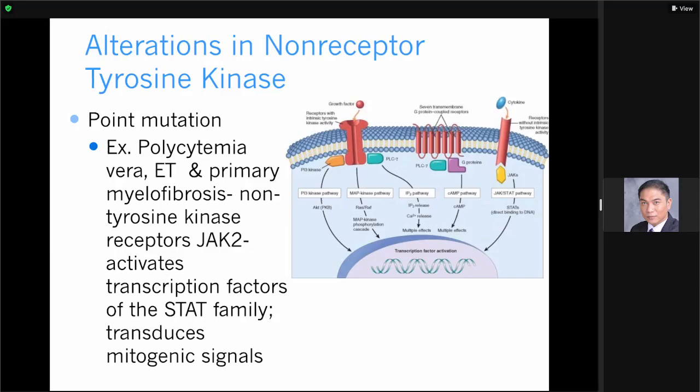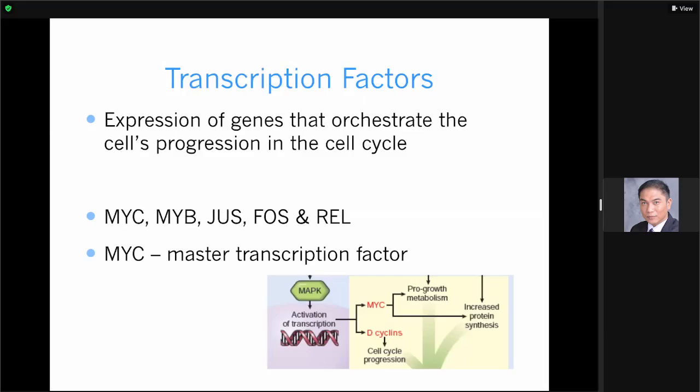So pwede siyang pumasok sa nucleus and transduce ng mitogenic signal. So again, that STAT can also act as transcription factor. Ano pa yung mga transcription factors that can be involved? The master transcription factor is MYC. The others are MYB, JUN, FOS, and REL.